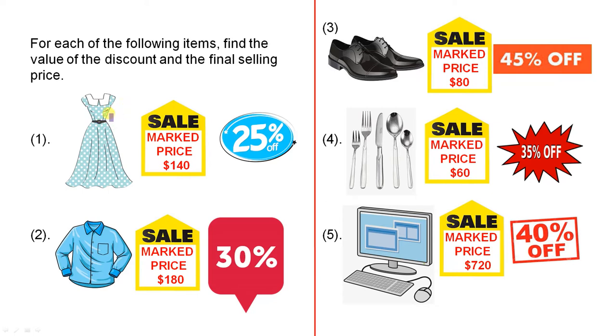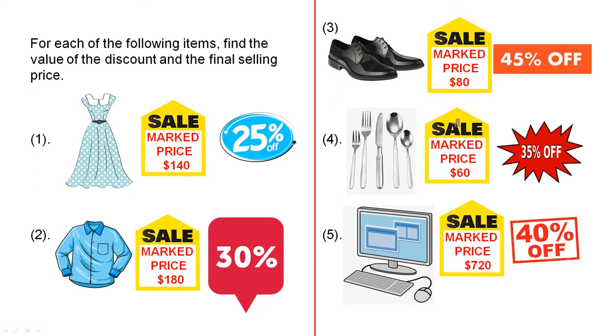So in order to get rid of, say, this summer dress, they give you a discount, so 25% off. So basically what the lesson said is that you work out the discount, which is 25% of this amount. So once you work out what that amount is, that is the discount, and then you subtract it from $140 and that will give you the selling price.